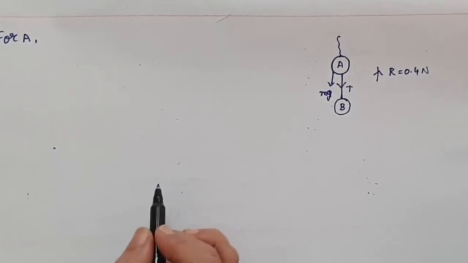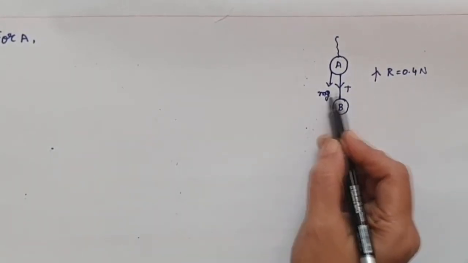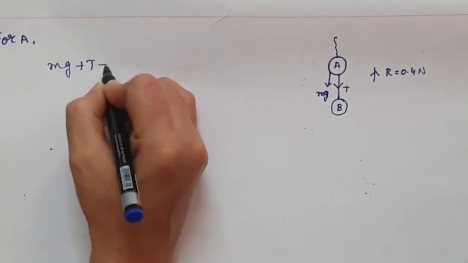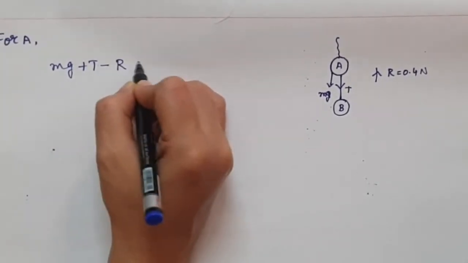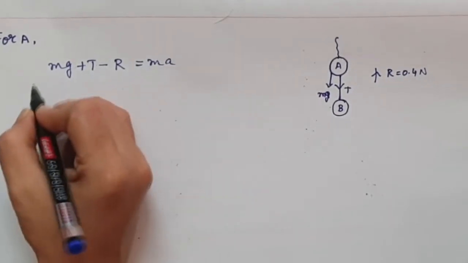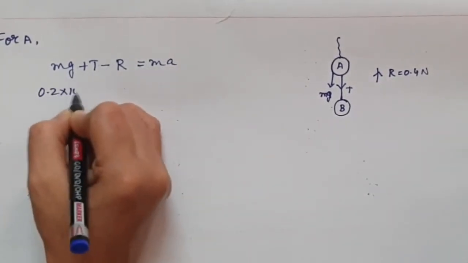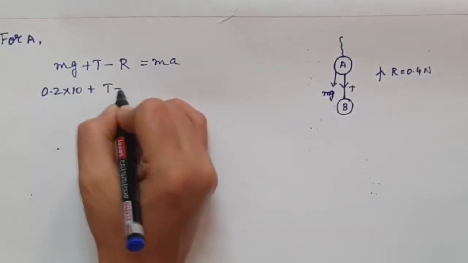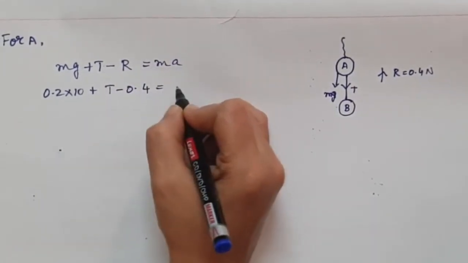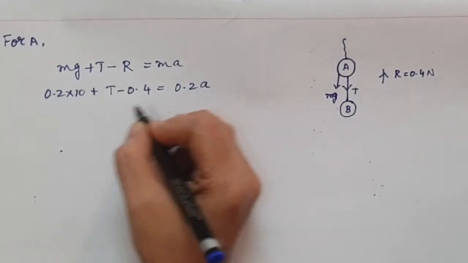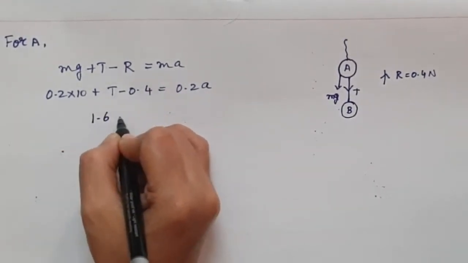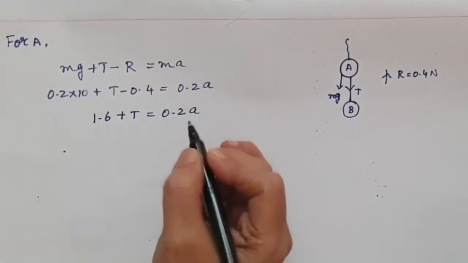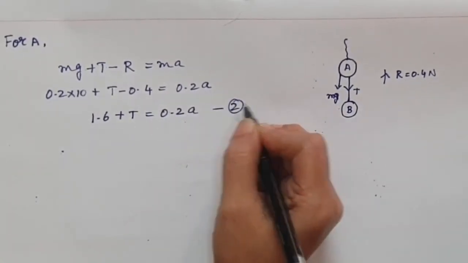Now forces acting on A will be mg and T. mg plus T minus the air resistance R will be equal to MA. So 0.2 into 10 plus T minus 0.4 equal to 0.2 A. That is 1.6 plus T will be equal to 0.2 A. This is our second equation.